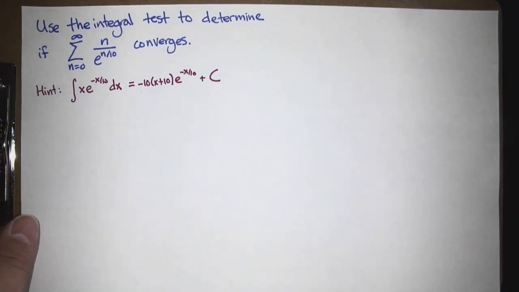Now, use the integral test to determine if this sum converges. And I don't want to dwell too long. I've already given a big hint about the integral. But I have a question. Can we use the integral test here?